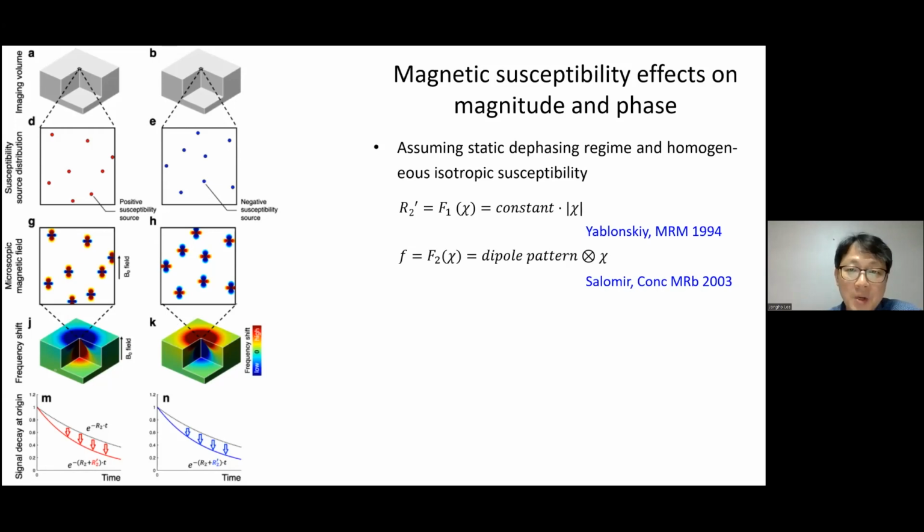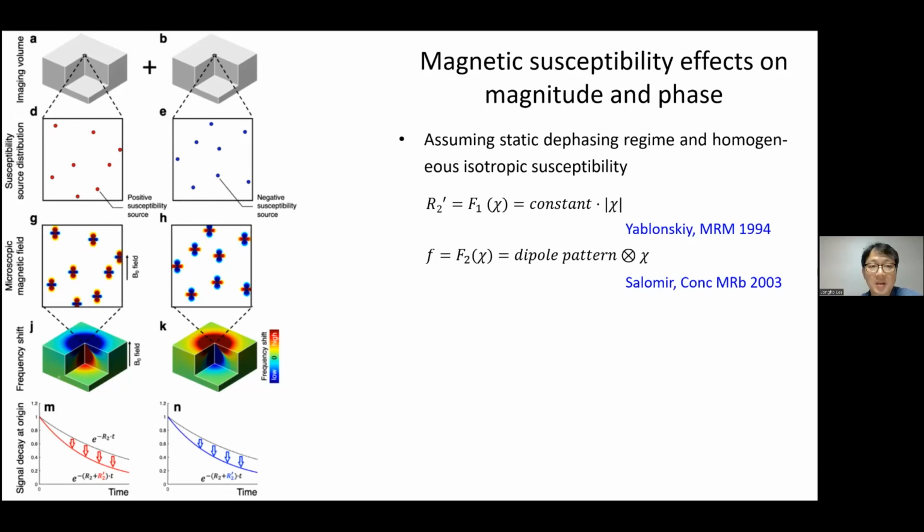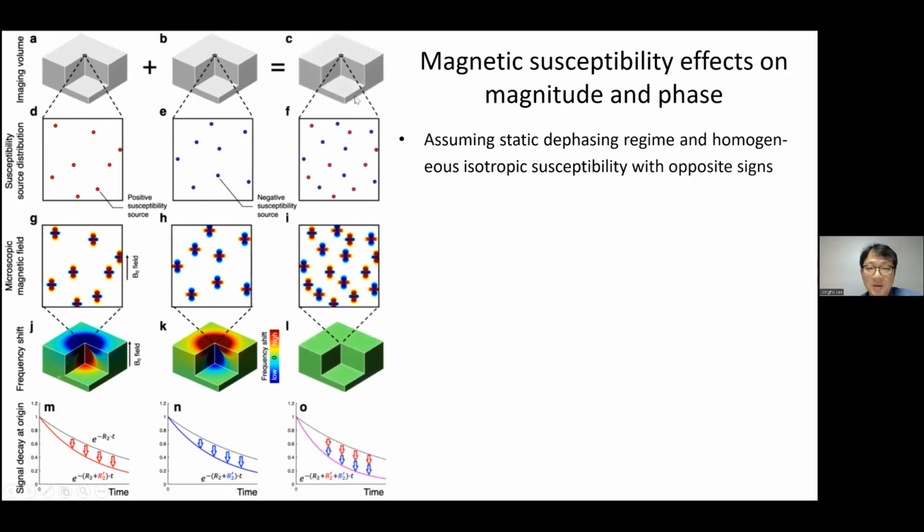For us, the real question is what will happen if we combine these two voxels and generate a voxel that contains both positive and negative susceptibility sources. And then that will be our microscopic field perturbation.